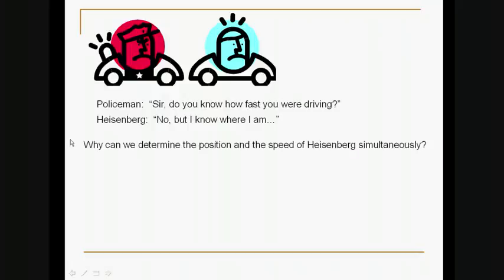Now, if we have Heisenberg's uncertainty principle, how come we can determine the position and the speed of Heisenberg simultaneously? That is, why don't we see this uncertainty principle in our ordinary lives? The answer becomes clear if we look at this formula more carefully. What I've done here is I just put delta x and I rewrote delta p in terms of mass times uncertainty in speed.